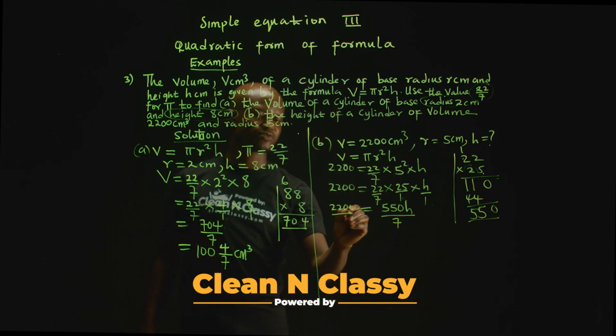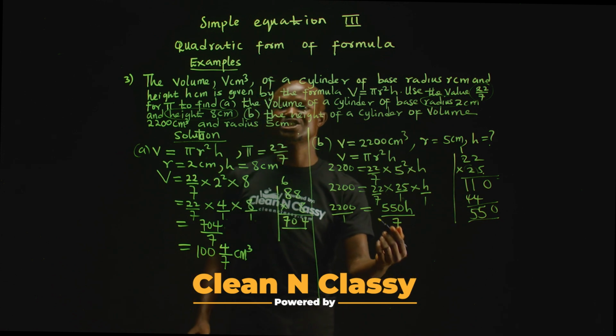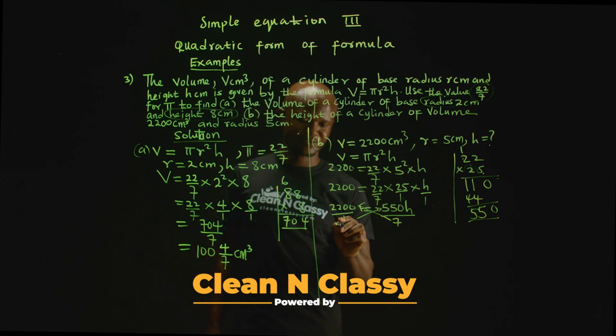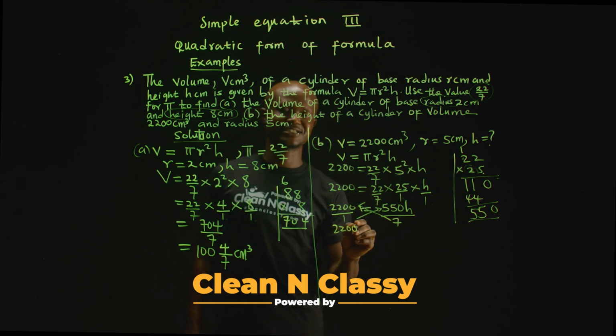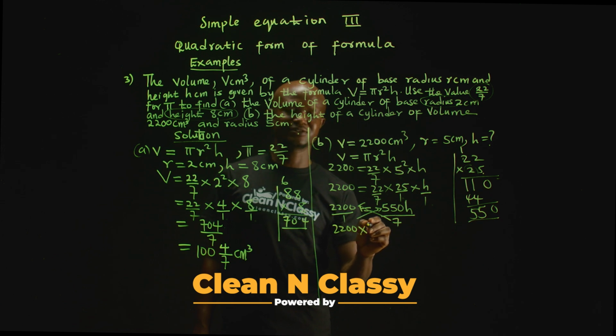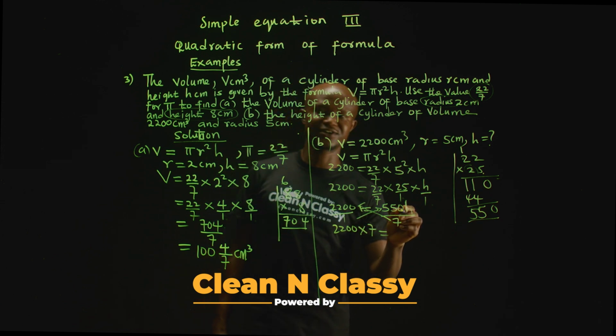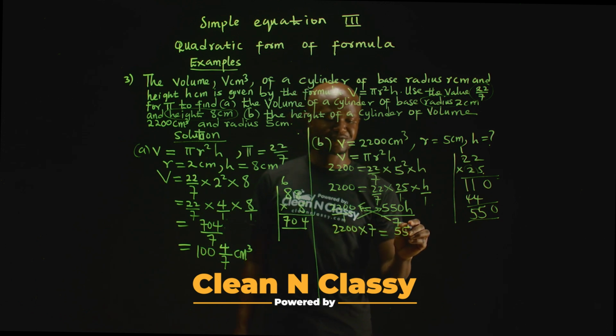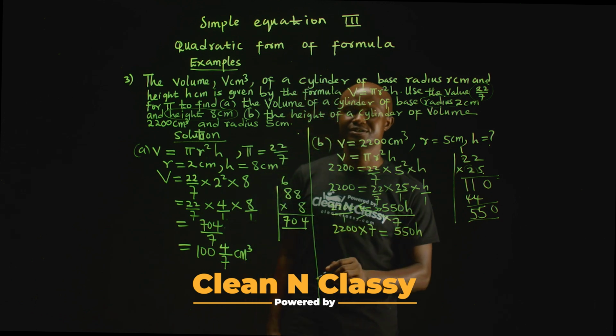We are going to cross multiply because we now have a simple equation. By cross multiplying, we have 2,200 times 7 equals 550 times 1, which is 550 h.